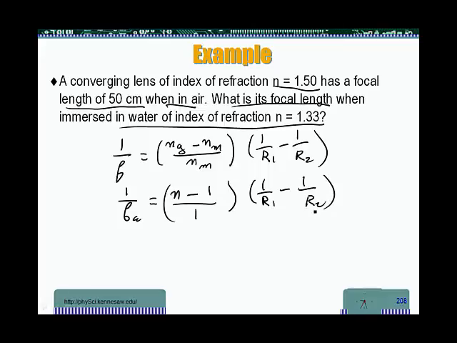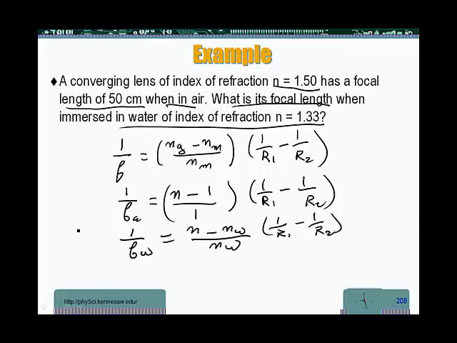Okay, and let's write down the same equation, but for water. f water is equal to n, the same n, minus n water, over n water, times 1 over r1 minus 1 over r2.